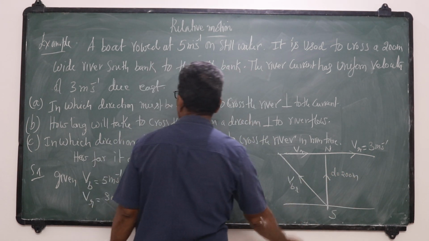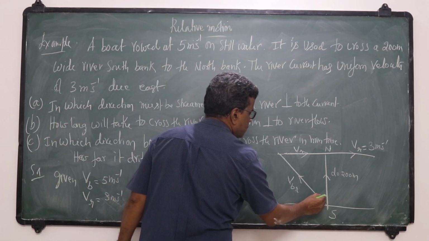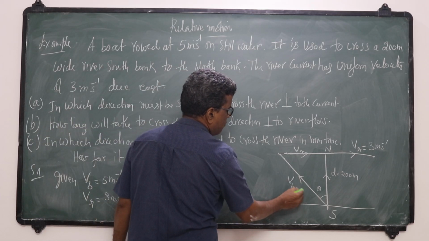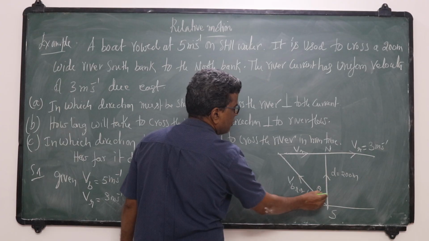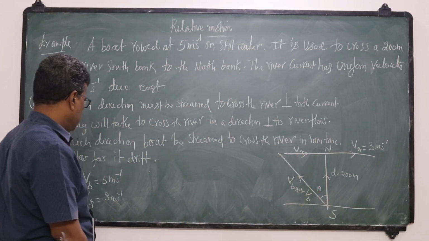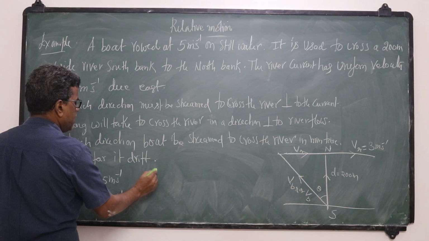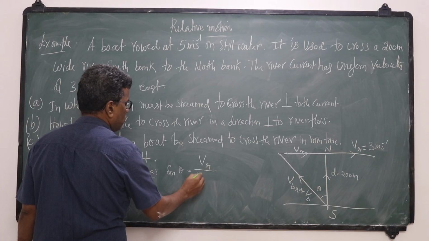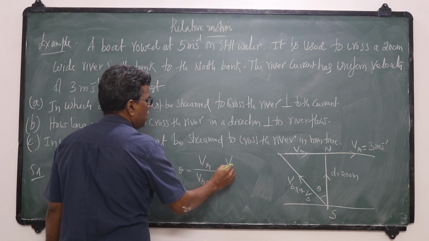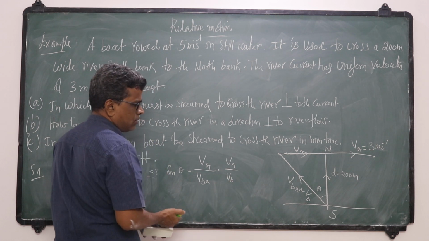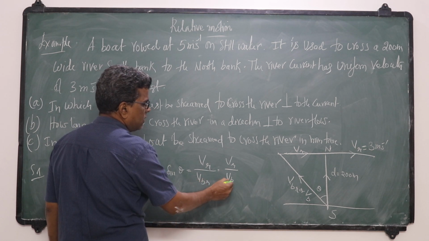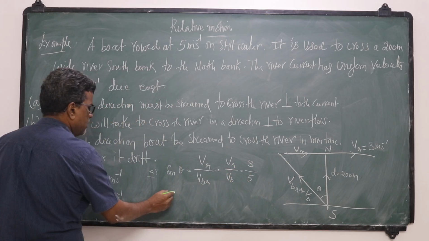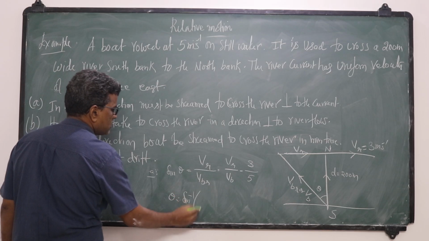This angle is theta, and I want theta. Sin theta is equal to VR by VB. Here the boat's still water speed is given, so VR is 3, VB is 5. So theta is equal to sin inverse 3 by 5.